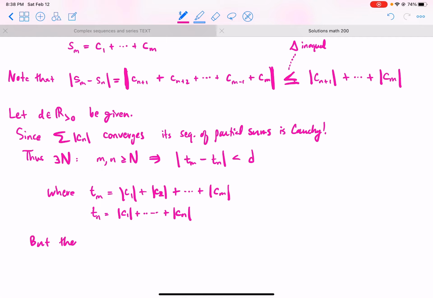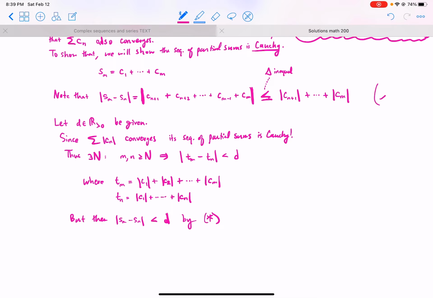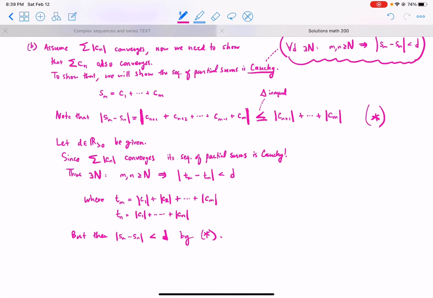But then Sm minus Sn is less than D by star, this previous calculation I did. Okay, so that means they're Cauchy.